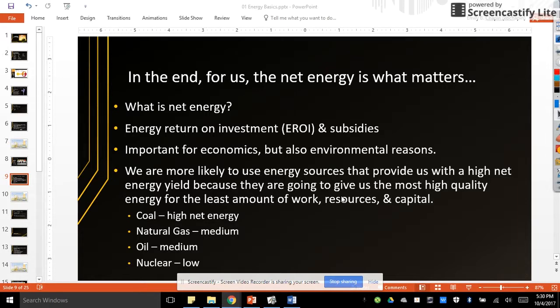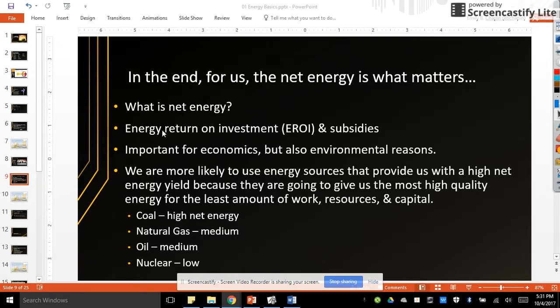So for example, because there is not a lot of energy needed to mine, transport, and burn coal, it has a high net energy yield. So basically, the energy that coal generates is a lot higher than the energy needed to obtain coal.